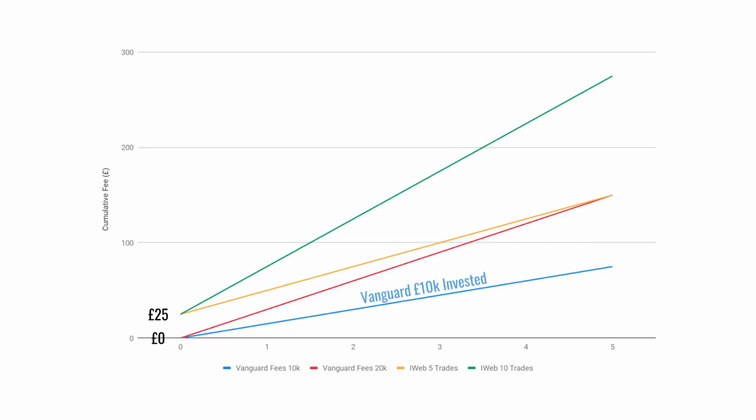I've shown the cumulative fee with Vanguard if you have 10,000 invested in blue, and if you have 20k invested with Vanguard in red. And that has twice the gradient because it has twice the annual fee. The orange line is IWeb with 5 trades per year, and the green line is IWeb with 10 trades per year. Again, the greater gradient shows that more trades means higher fees.